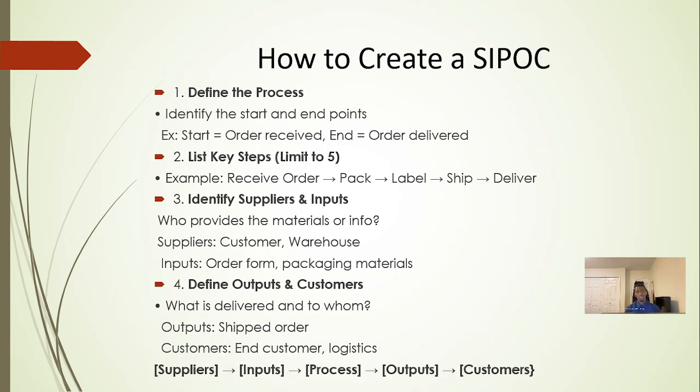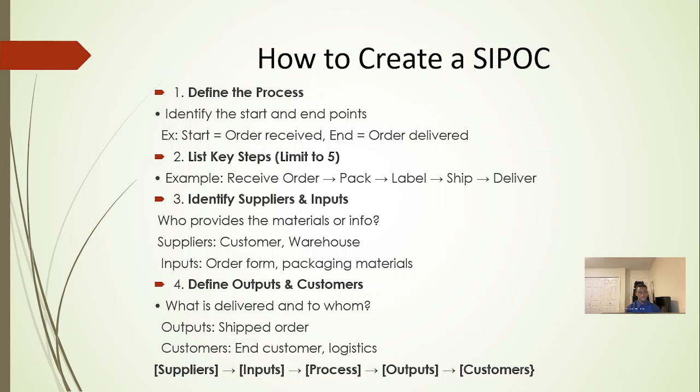The second step is to list the key steps. The maximum is 5, for example, receive order, pack, label, ship, and deliver. Simple as that.